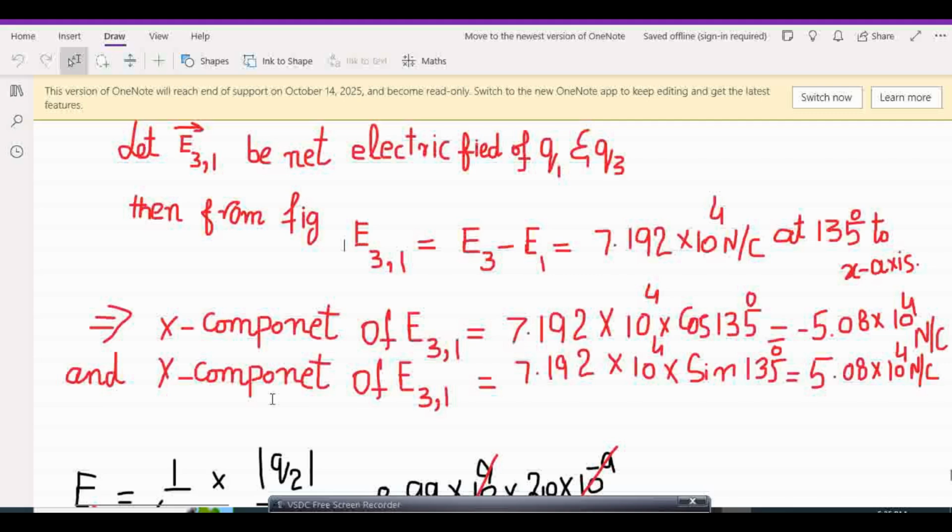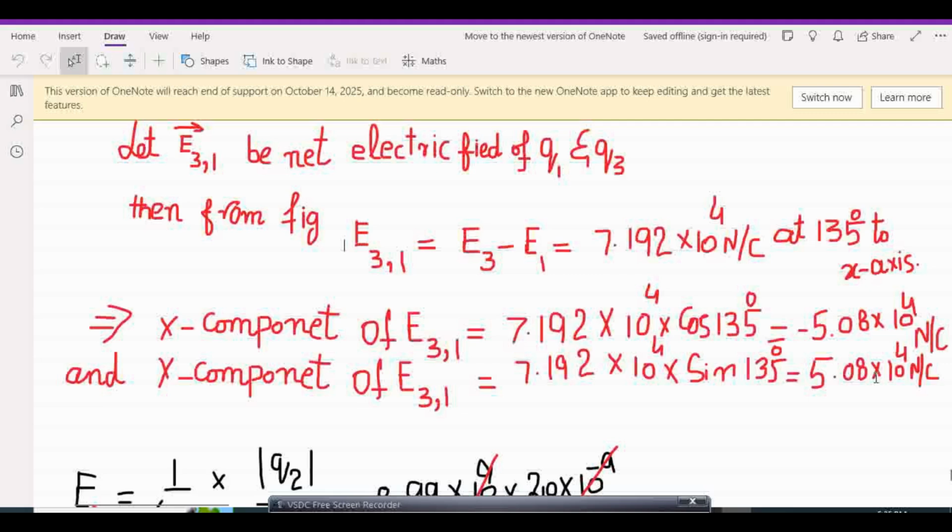Similarly, the y component of the net electric field due to Q1 and Q3 will be equal to 7.192 into 10 to the power 4 into sine 135. When simplified, it comes to plus 5.08 into 10 to the power 4 Newton per Coulomb. So this is the x component and y component.